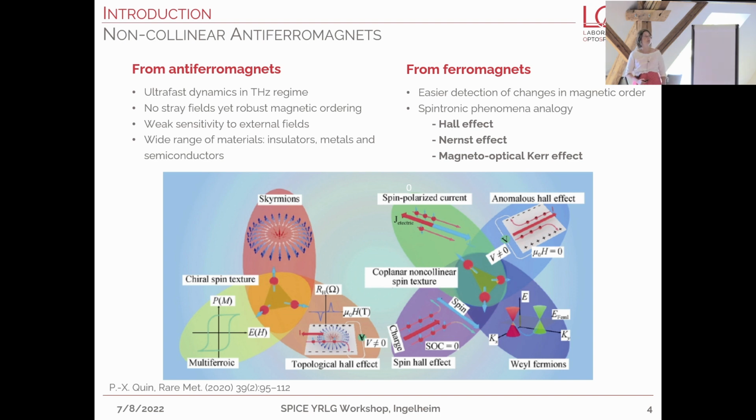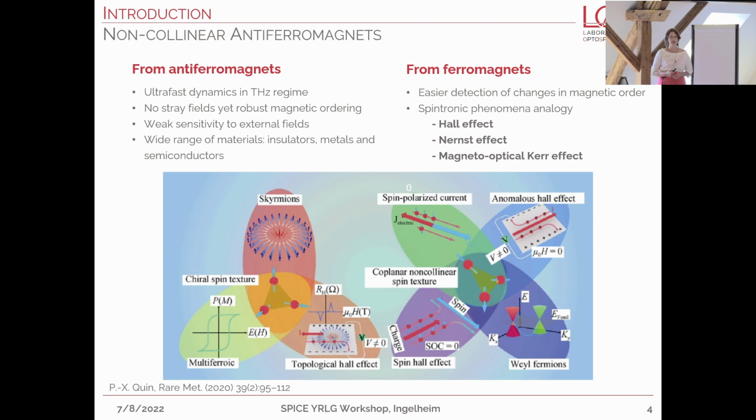Furthermore, it's predicted that their spin dynamics should also lie in the terahertz region, like for the normal antiferromagnets. And also, which is for us experimentalists particularly important, they cover a wide range of materials. They are insulators, they can be semiconductors, metals, so we have quite a choice here.